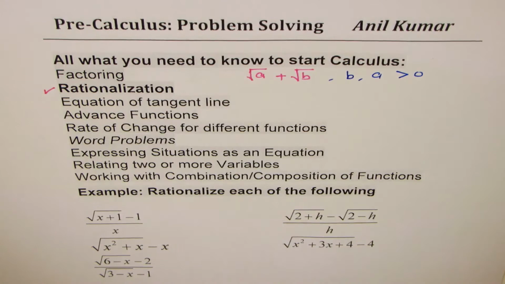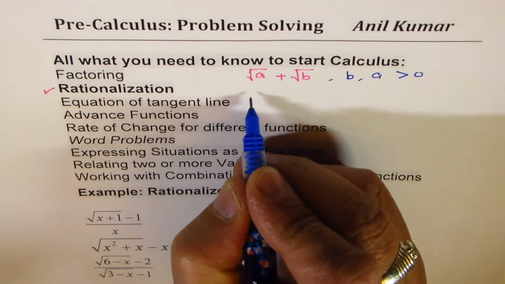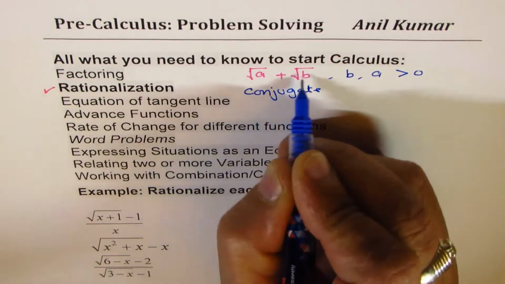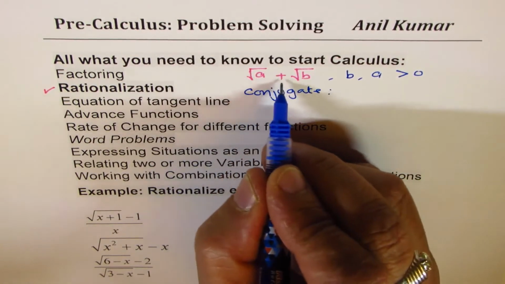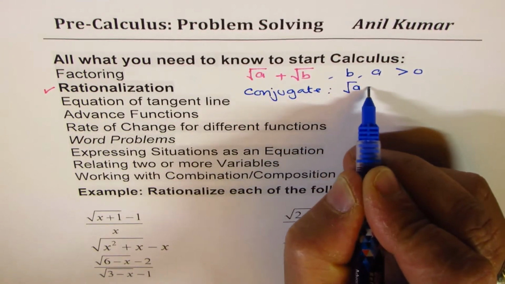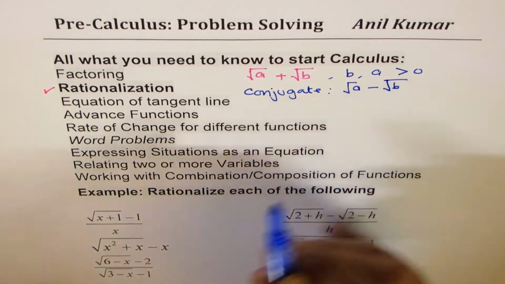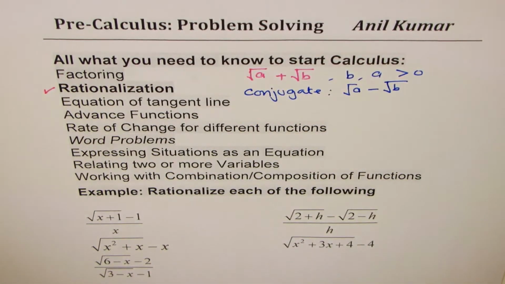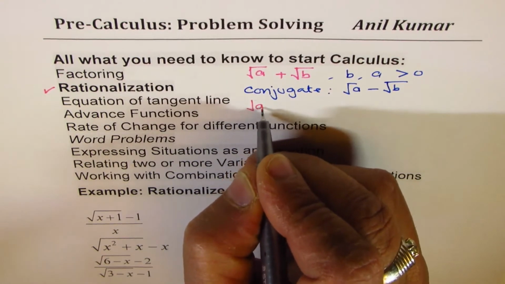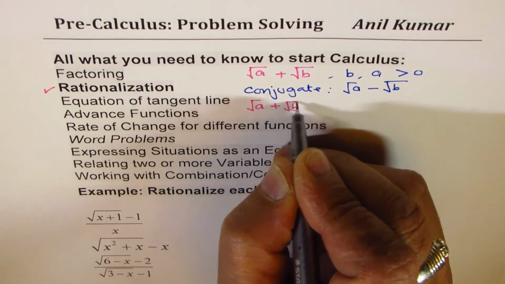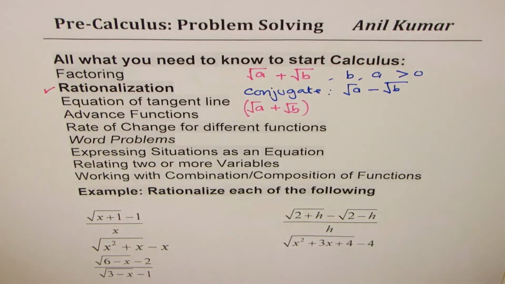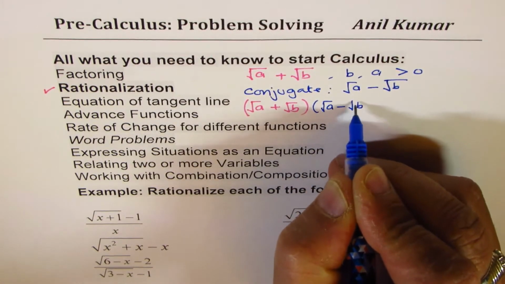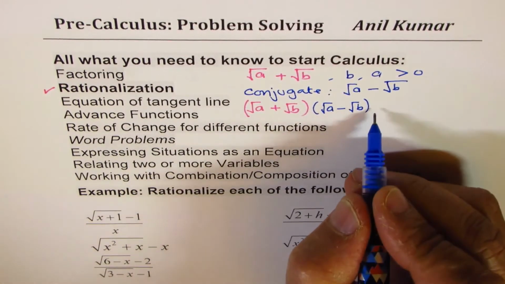Now, another term which I am going to introduce here is conjugate of this. So conjugate of square root of a plus square root of b will be square root of a minus square root of b. When you multiply these two terms, that is to say, when you do square root of a plus square root of b times square root of a minus square root of b, which is its conjugate, what happens?